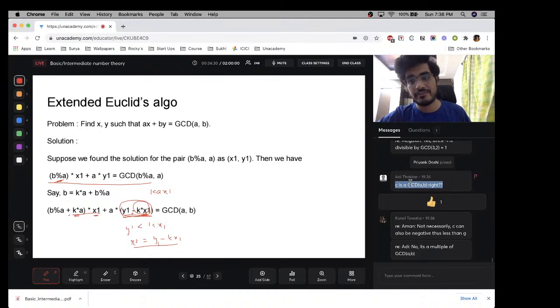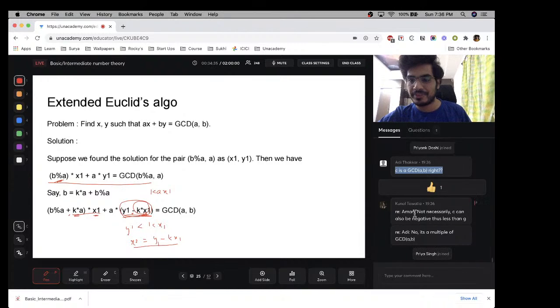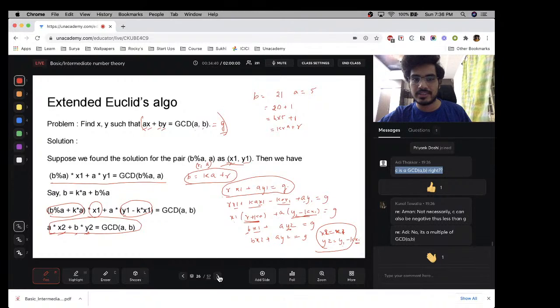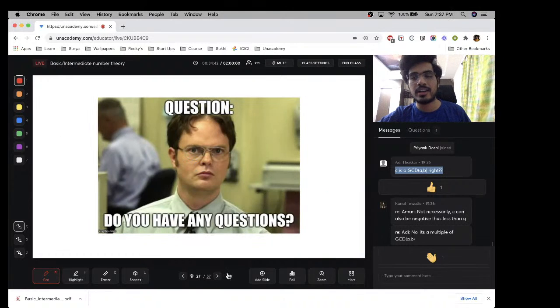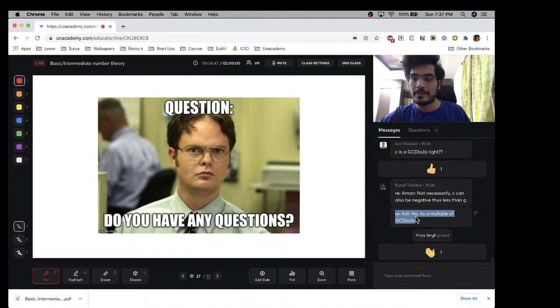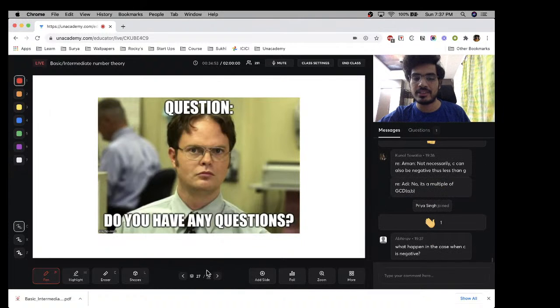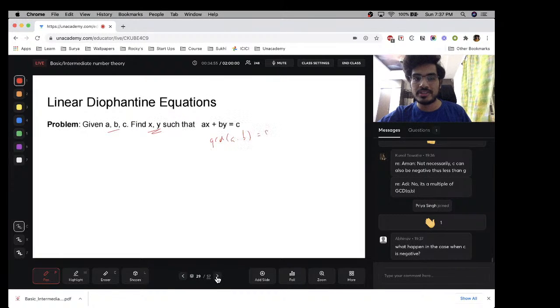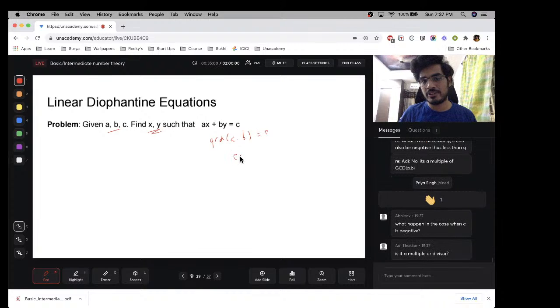C is GCD of a comma b. Yes, you got that right. Aman, if c can be a multiple of GCD, that's actually the point. Let's say c equals g into k.